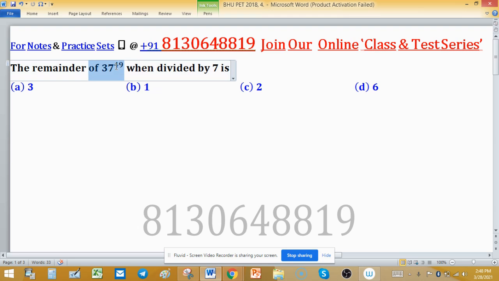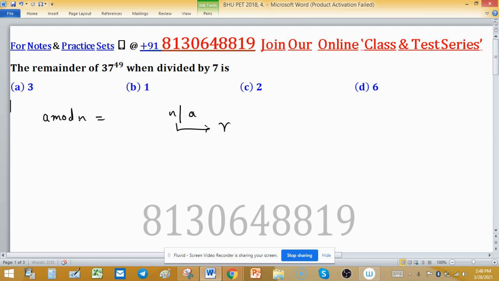The remainder of 37 raised to the power 49 when divided by 7 is. So find the remainder here, and congruence will help us. What is congruence? If I write a mod n, it means that when I divide a by n, the remainder left is the value of a mod n.